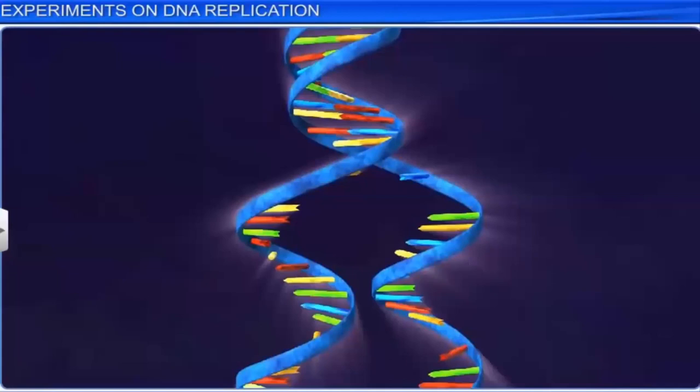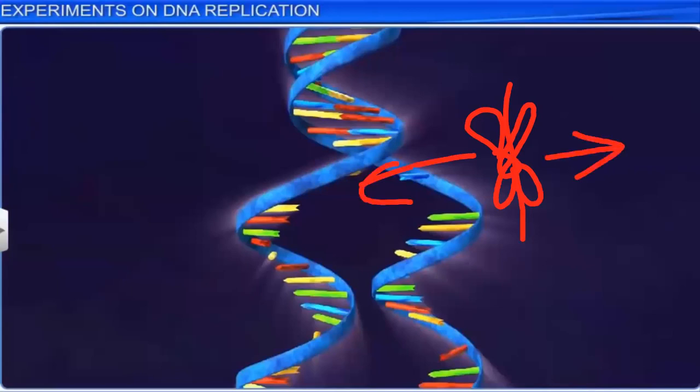Now, during meiosis and mitosis, we have learned that half of the structure of DNA moves to one side, and the other half moves to the other side.